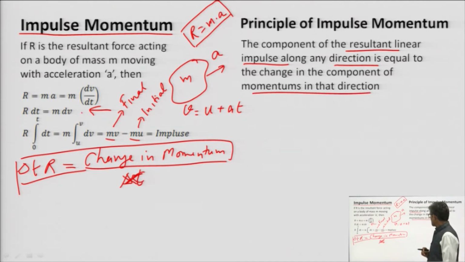We will use this principle and these equations in solving problems. Prior to that, we used D'Alembert principle and the work energy principle. Today we will solve kinetics problems with this principle.